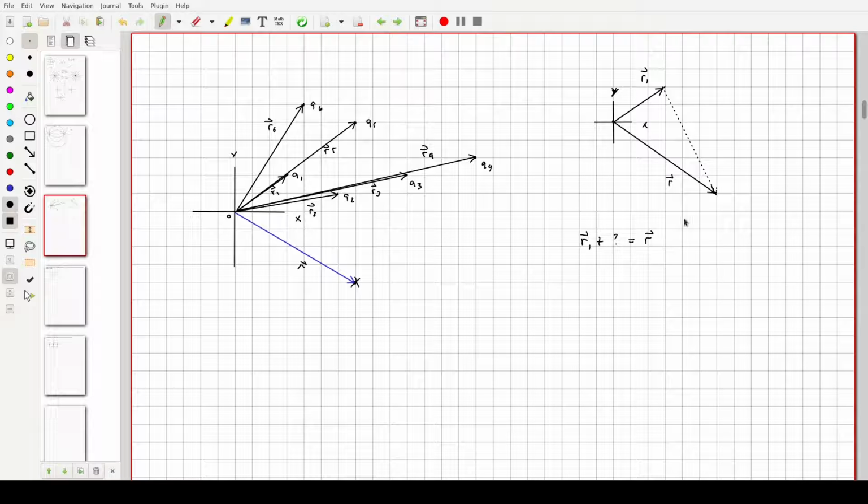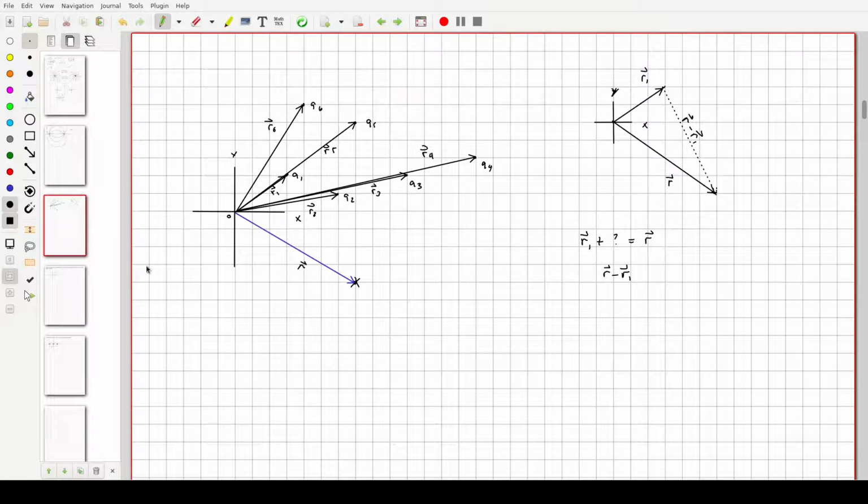So this vector right here, if you solve for it, would look like R minus R1. So this right here is R minus R1. That's the distance and the direction. That's what that vector represents.